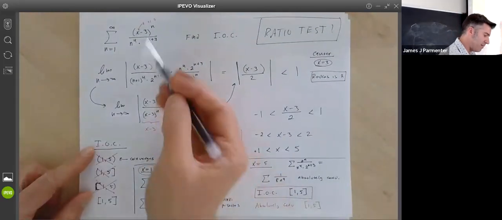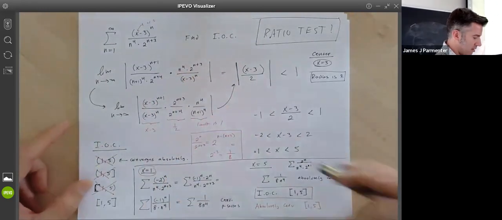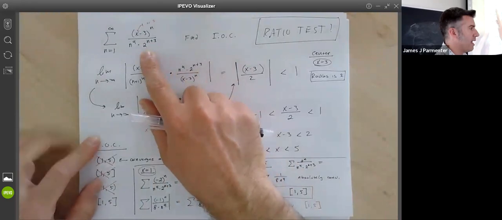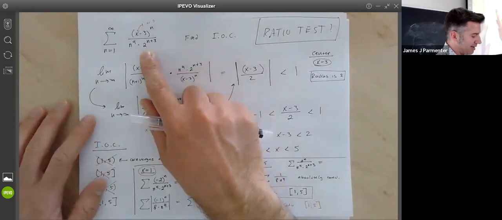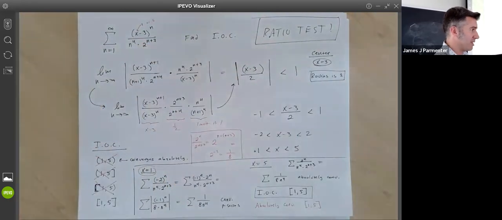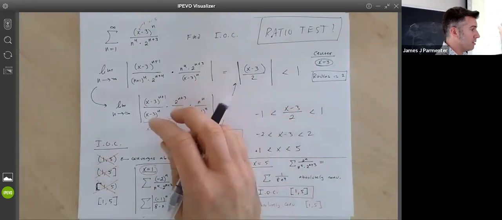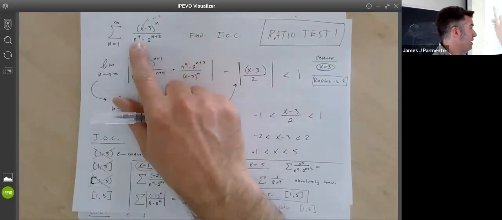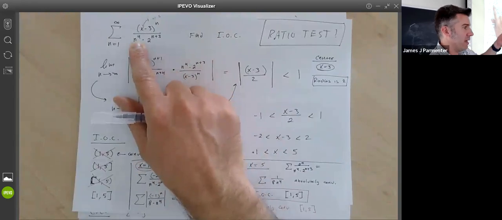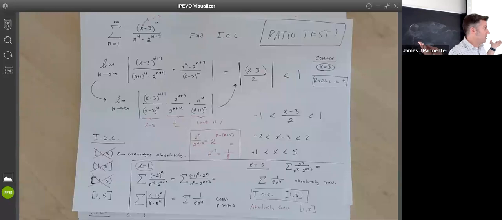I typically know that when I make up something like this, my endpoints are going to give me negative this number to the n and positive this number to the n. So I'm going to get like a 2 to the n and a -2 to the n. Divided by that, they essentially cancel each other out, and I'm left with either a 1 over n to whatever power I've picked, or a -1 to the n over n to the power I picked. Well, I know that something over n to the 4th converges because of the p-series.